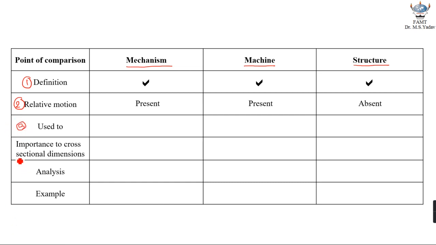The third one is use. A mechanism is typically used to transmit motion only. It cannot transmit any power. But a machine is typically used to transmit motion and power and forces as well. However, a structure is used to carry loads only.